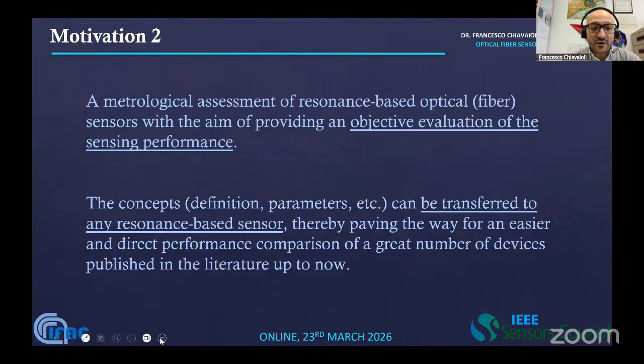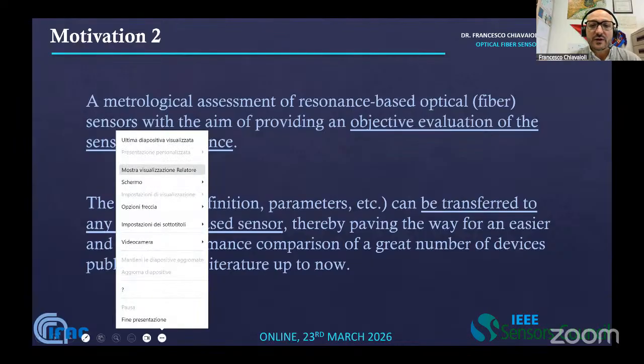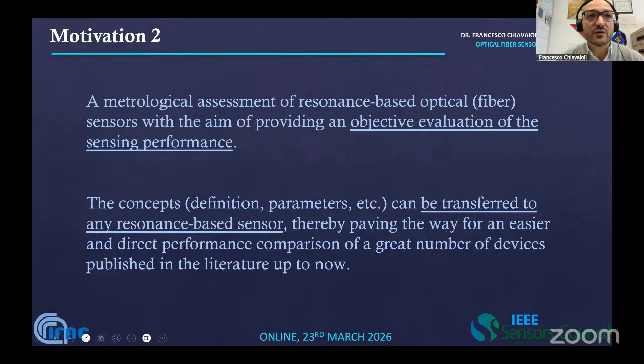The second motivation came out as one part of my activity starting from the PhD: the importance of metrology in the assessment of the uniform performance of the devices, taking into account that the literature in recent years spread a lot in this publishing concept, and so it became very fundamental to have clear and standard definitions of the parameters and how to calculate them, in order to compare all the literature that is present, and so to have a uniform evaluation of the performance of the device.